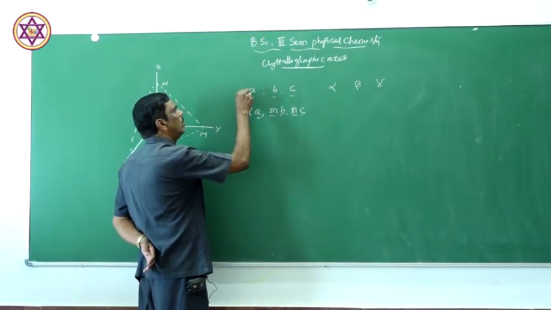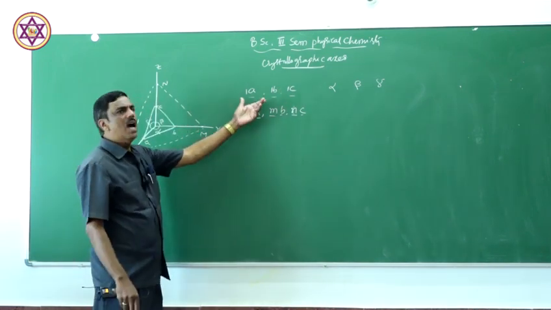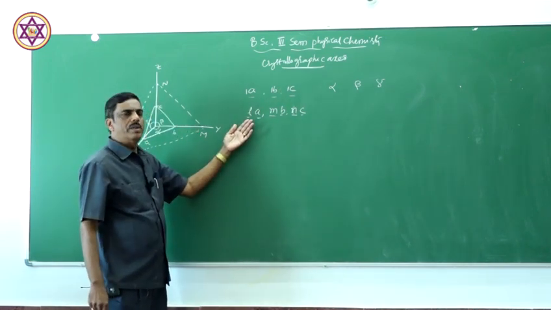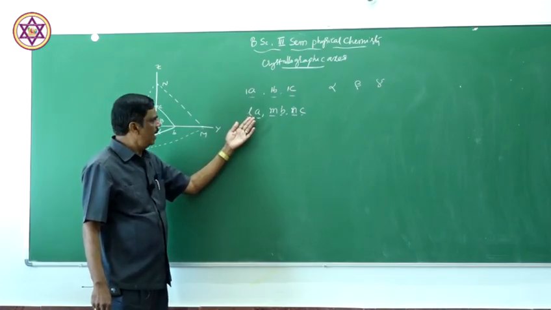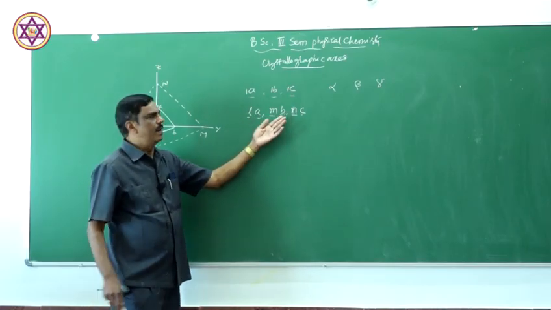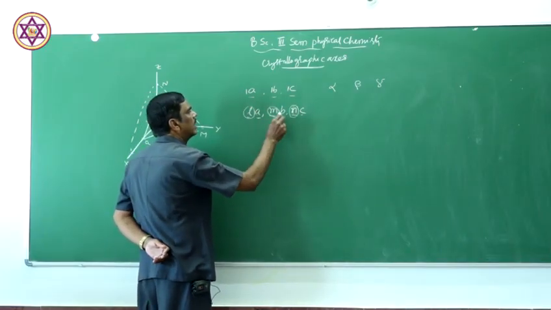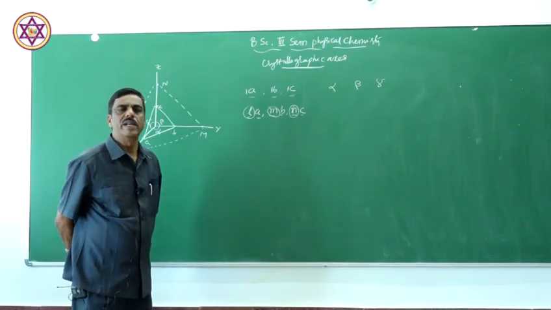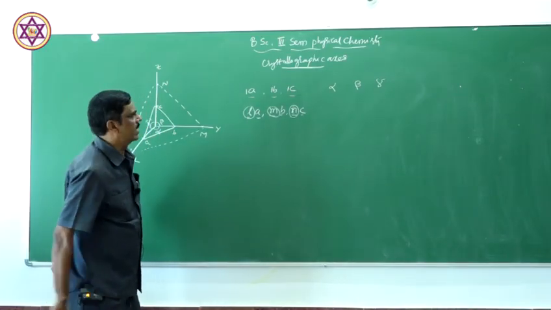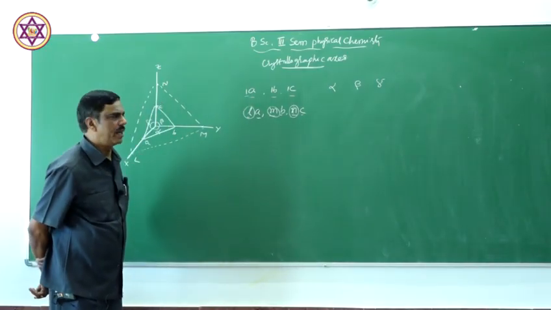It may be unit length 1A, 1B, 1C, or it may be unit length multiplied by L, M and N. These are the coefficients of the intercepts A, B, C in the x direction, y direction and z direction. So, it may be unity or multiples of unity.